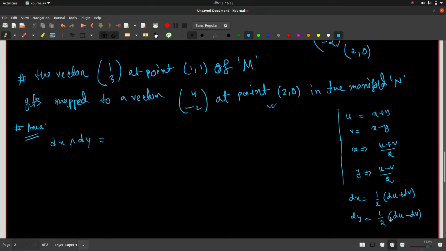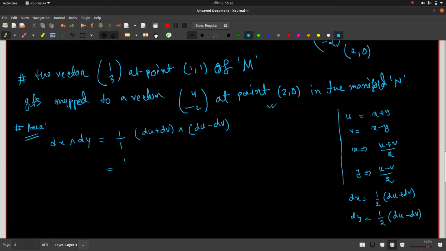And then if you want to evaluate this wedge product or find the area form or the volume form, whatever you want to call it, this is just 1/4 (du plus dv) wedged with (du minus dv).